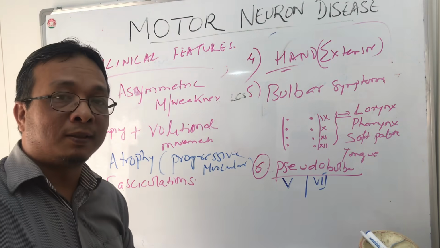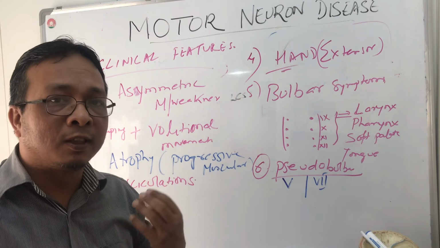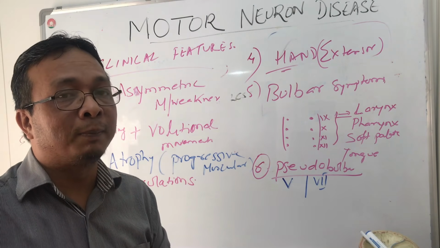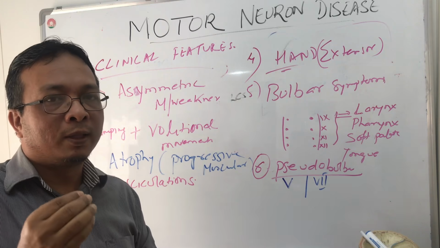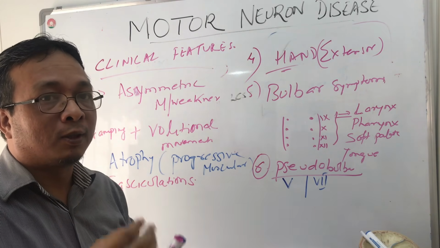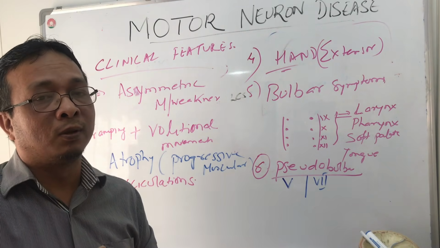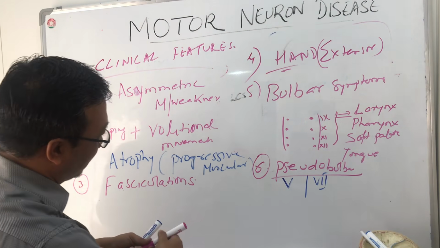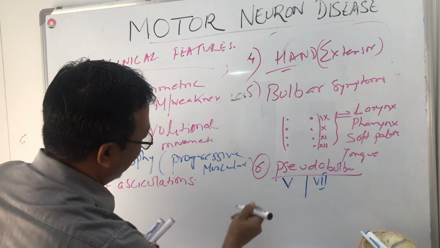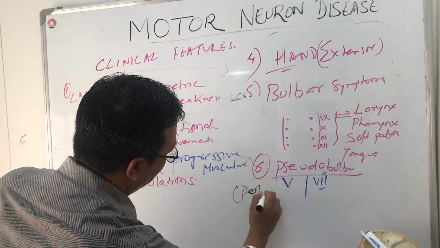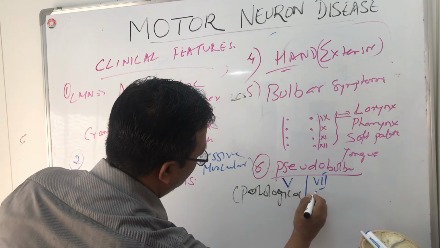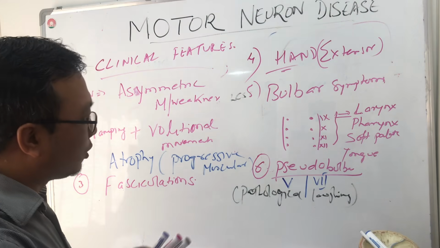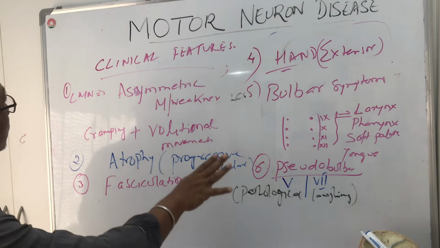So there are some signs and symptoms of facial nerve paralysis, especially pathological laughing, when a person cannot stop his laugh, or cannot stop his crying, because of loss of control of the facial muscles. So pathological laughing is also included here, because of involvement of the 7th nerve, facial muscles. So that is clinical features.